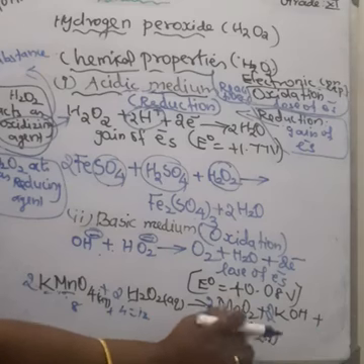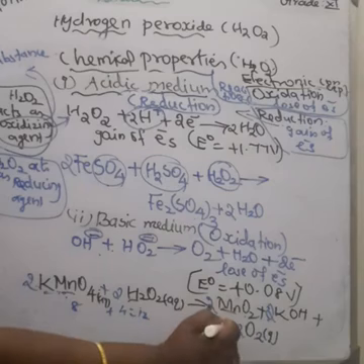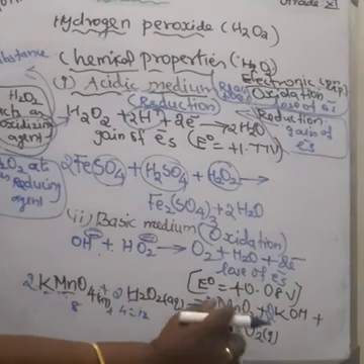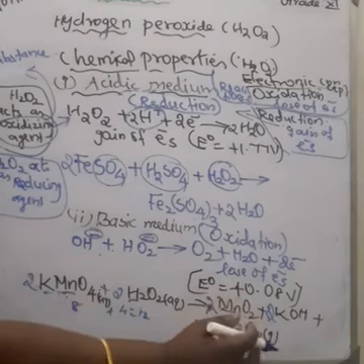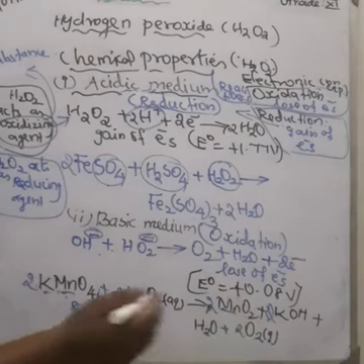Now 2 twos are 4, 4 plus 2 6, 6 plus 1 7, 7 plus 4 11 oxygen. Here 12. So not balanced yet.